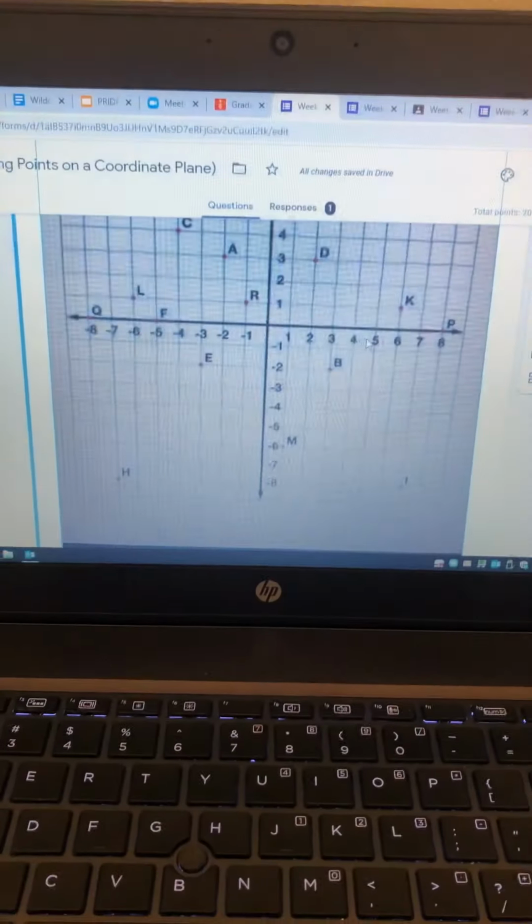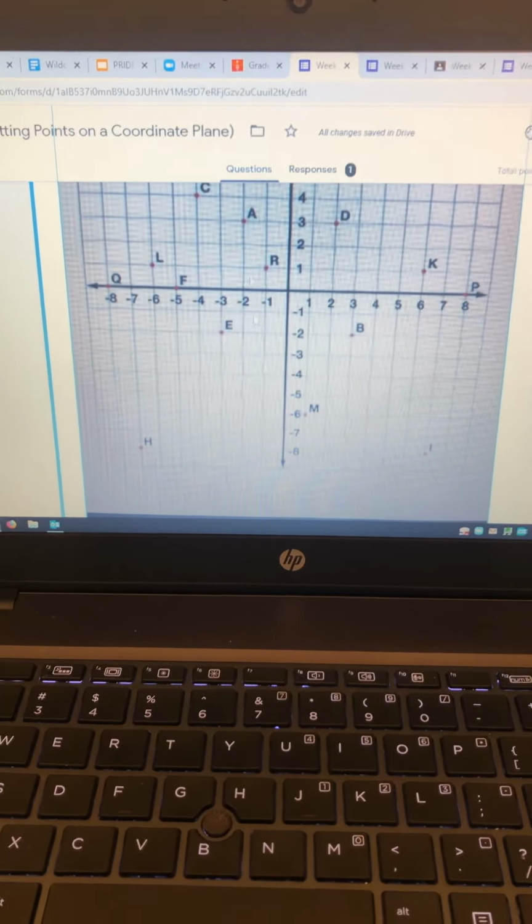So Q is (-8, 0). All right, (-8, 0). Remember, it's left and right first, left and right first, up and down second.